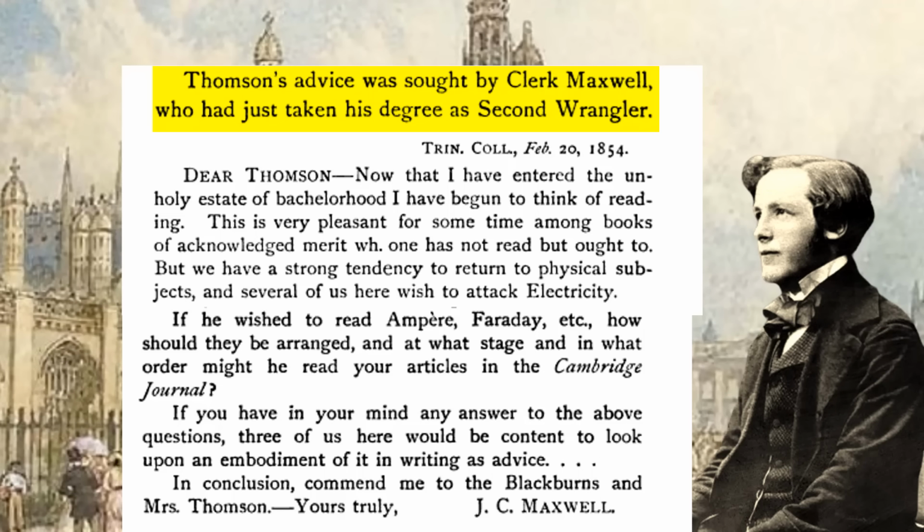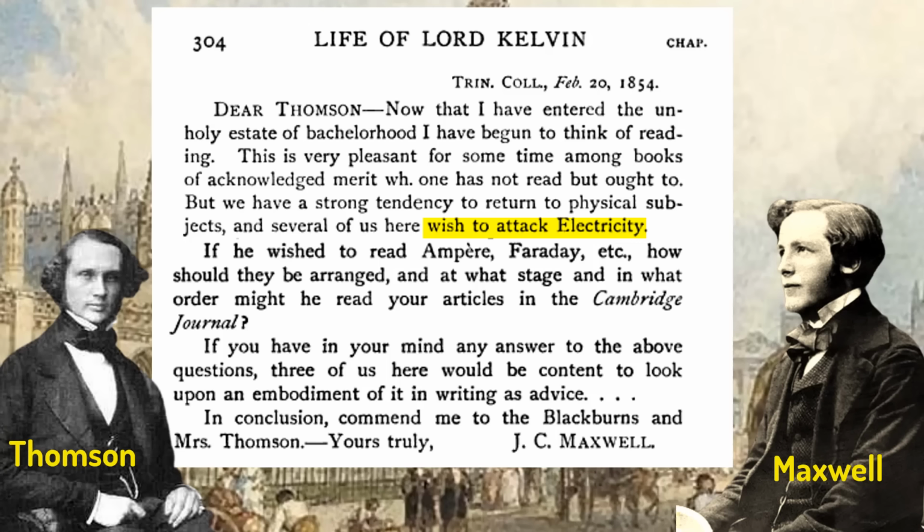Maxwell then came in second in the mathematical tripos in January of 1854, and was finally free to study what he wanted to, which Maxwell referred to as entering the unholy state of bachelorhood. It was for that reason that in February 1854, 22-year-old Maxwell wrote his friend and mentor William Thomson asking for advice on how to attack electricity.